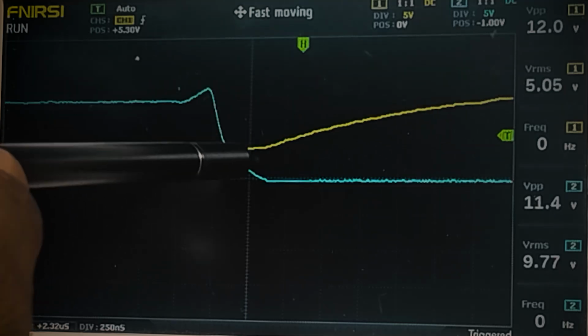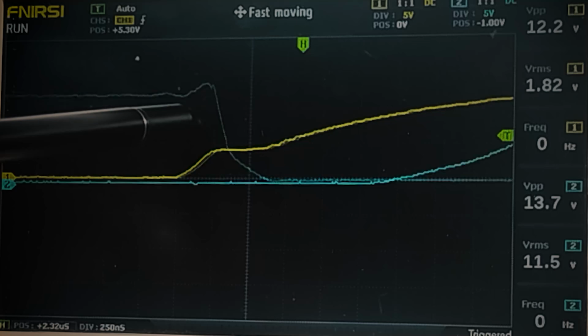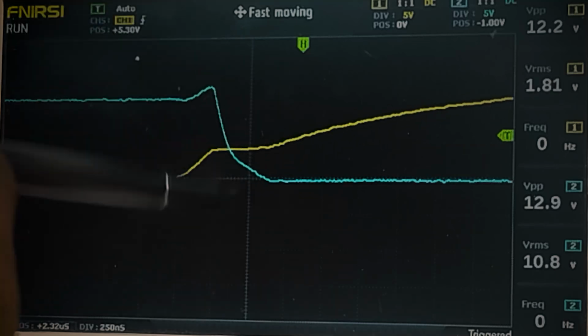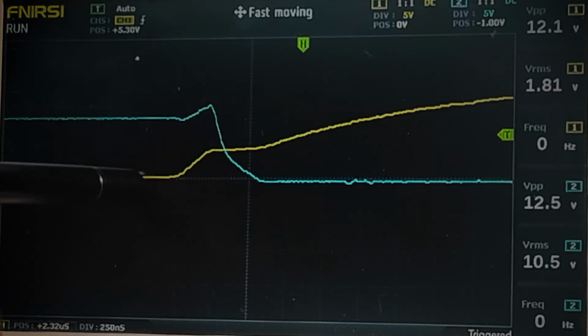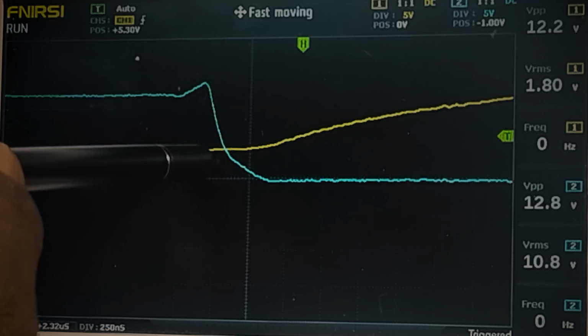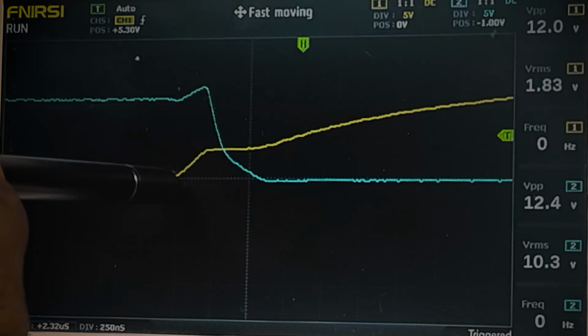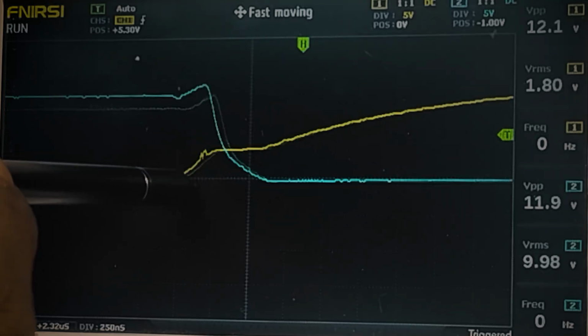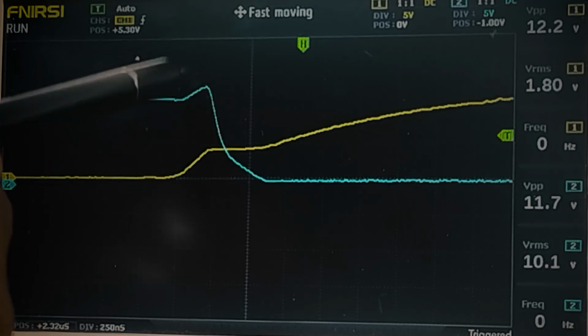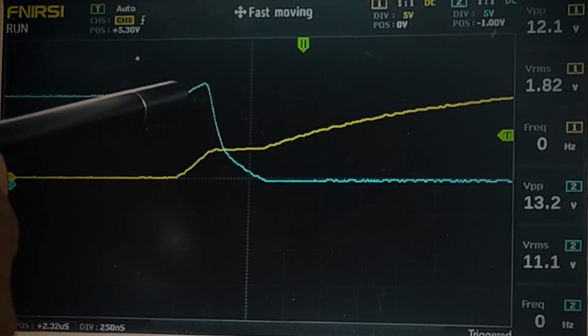What happens is the pre-threshold phase of the gate voltage. By that I mean when the gate voltage hasn't risen above the threshold. If you look at the screen, you'll see the gate voltage begins to rise here, but the MOSFET doesn't switch on.